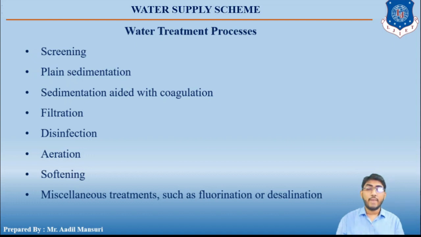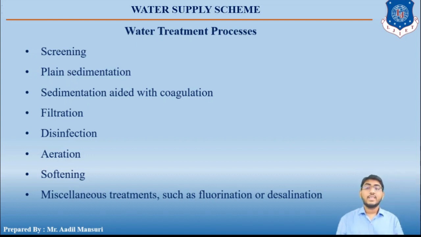The suspended matters having higher specific gravity than water, which are able to settle under the effect of gravitational force in still condition, such as pebbles, aggregates or coarse sand, will settle down under the effect of gravitational force.